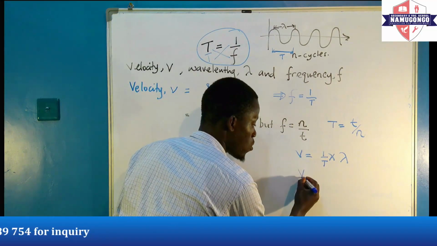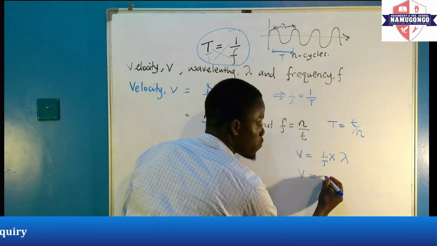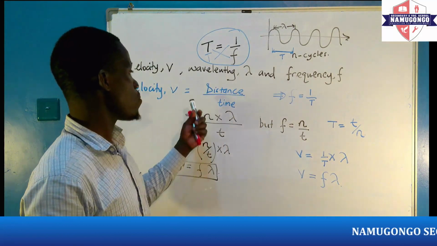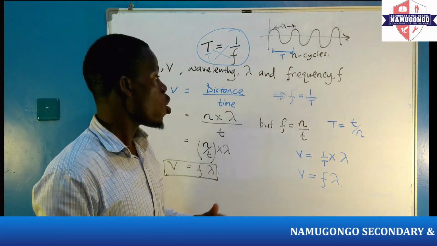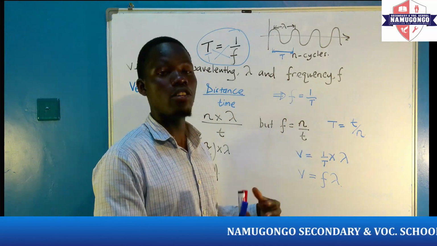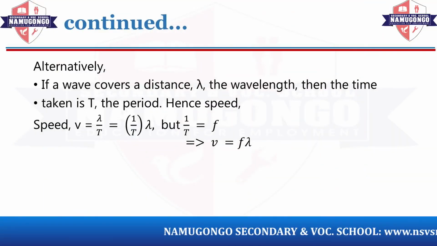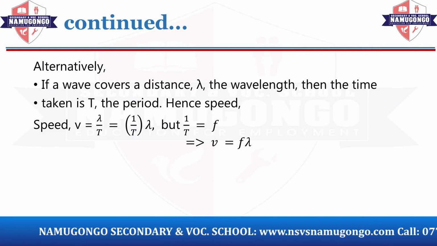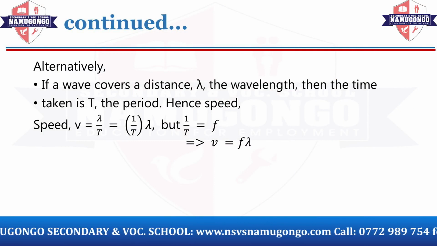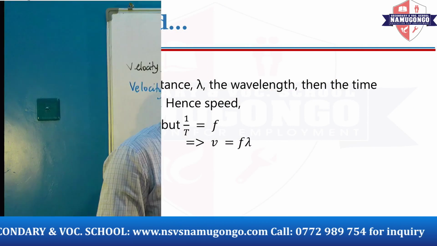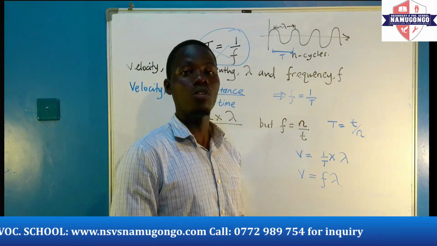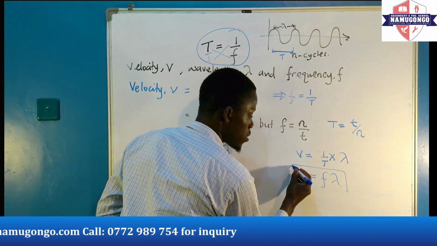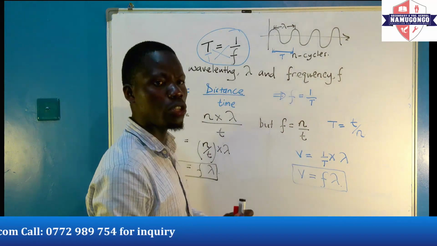Therefore, the wave equation comes as this. So we can either get it from the definition of the velocity or from the combination of the definition of frequency and the lambda. So meaning for every one oscillation, it takes 1 out of the period, and then we shall multiply it with the wavelength. So in this way you can come up with the equations.